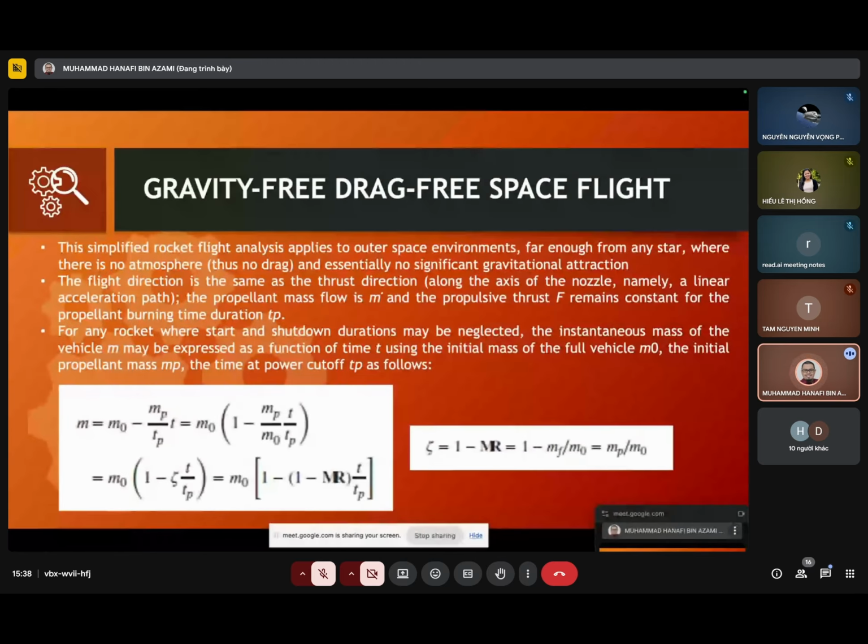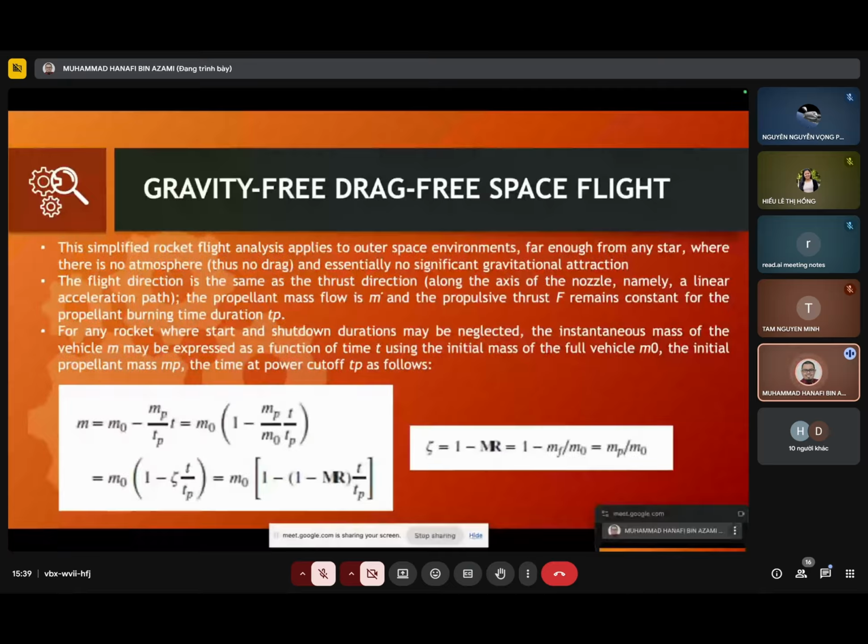That's number one assumption. Number two, they neglect the air resistance, although during launching you have atmosphere. Number three, we assume that the Earth is flat, to make life easy.